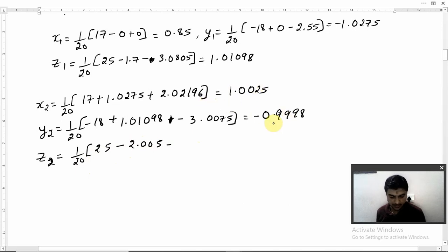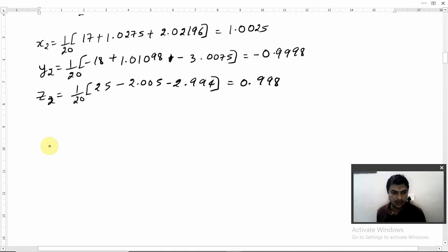Y we know already here, minus 0.998. So multiply this with 3. So we are going to get this as minus 2.994. So this will be equal to 0.998. Is it clear, students?